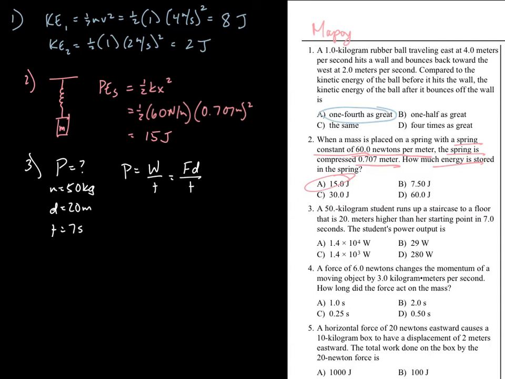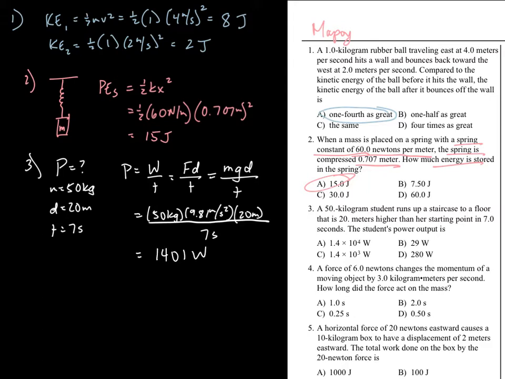Now the force that you exert while going up the stairs is equal to the person's weight, so we could expand that to mg times d over t. So our mass is 50 kilograms times 9.81 meters per second squared times our distance of 20 meters, over a time of 7 seconds, you should get a power output of 1,401 watts. This is close to choice C.